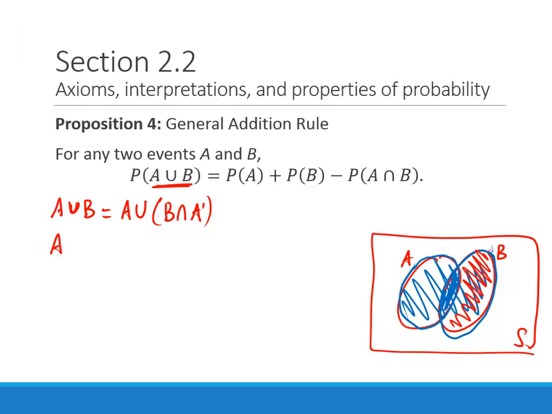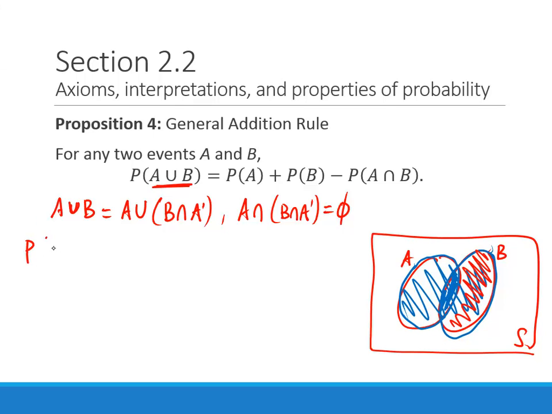I can also note that these two sets are disjoint here. So I also have that A intersect B intersect A complement, there's nothing in there. That should be pretty straightforward. And so now I can use some fancy tricks here. Now I can write this down.